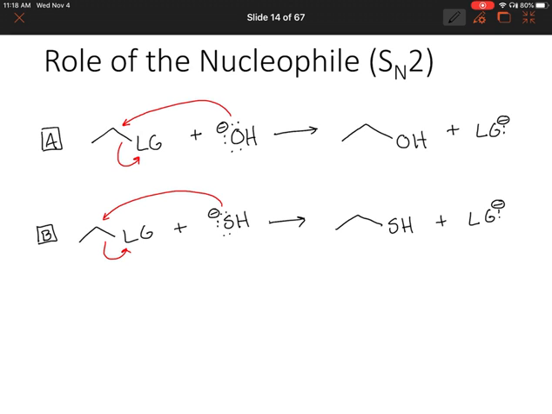Okay, so let's compare these nucleophiles. Again, we know that the rate of an SN2 reaction does depend on the nucleophile. We saw that on the last slide. But let's look at the difference between OH and SH. So which of those two nucleophiles is more stable and why?